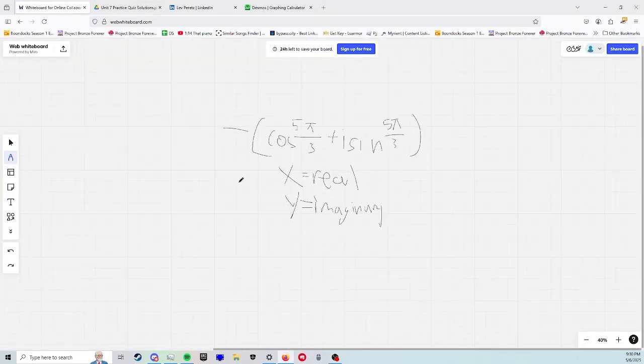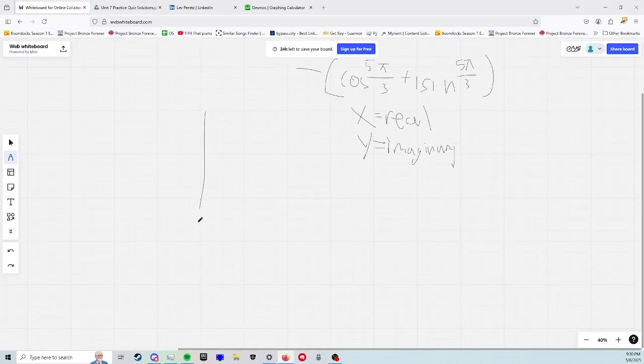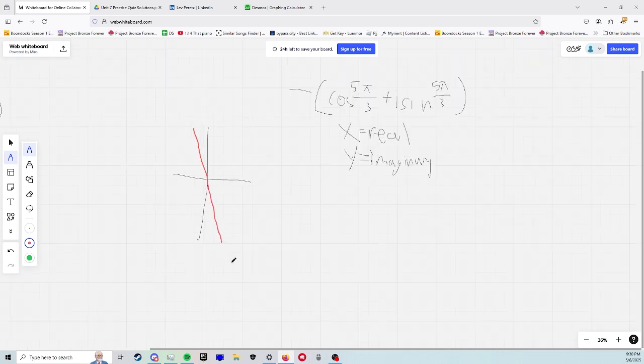So if we look at 5 pi over 3 on the table, we know 2 pi over 3 is here, and so 5 pi over 3 is plus 1 pi, so it is here.